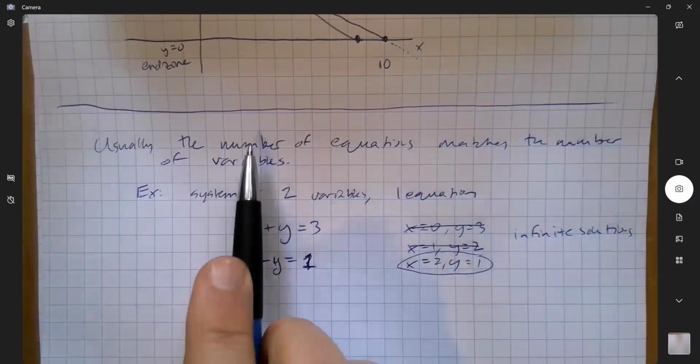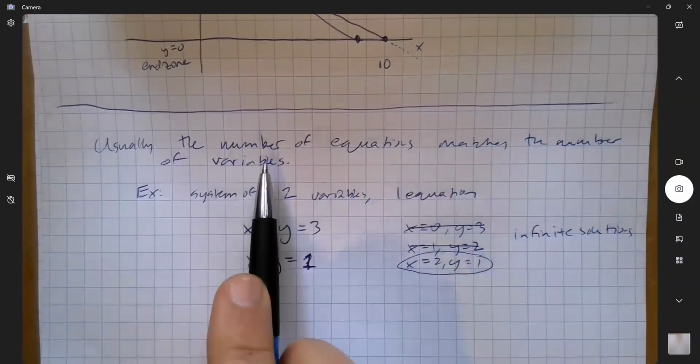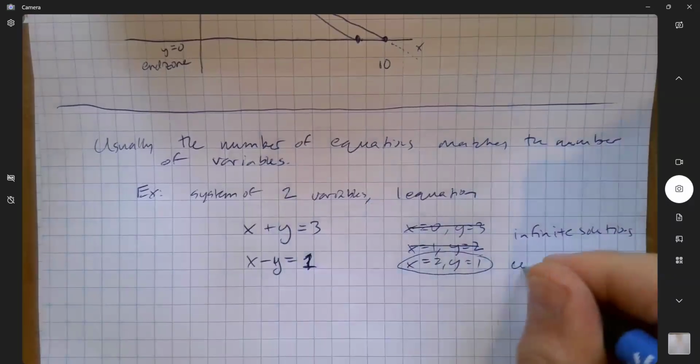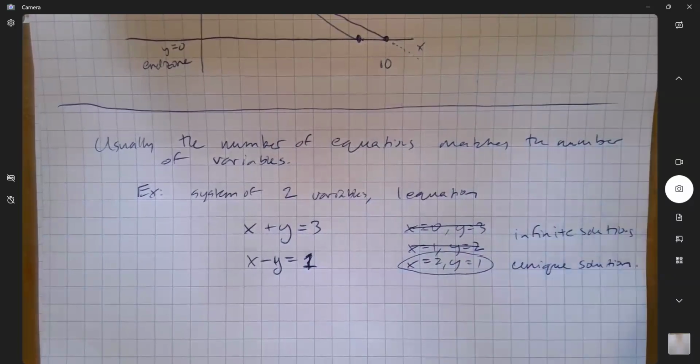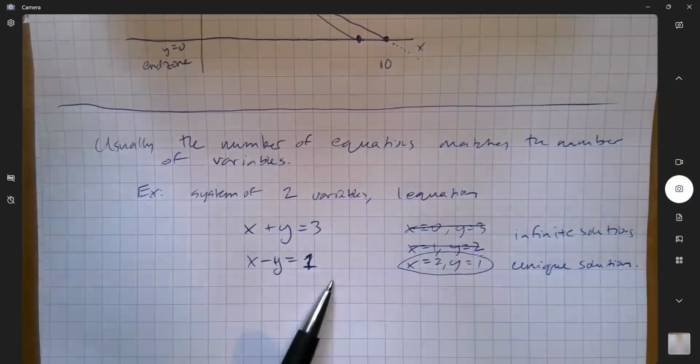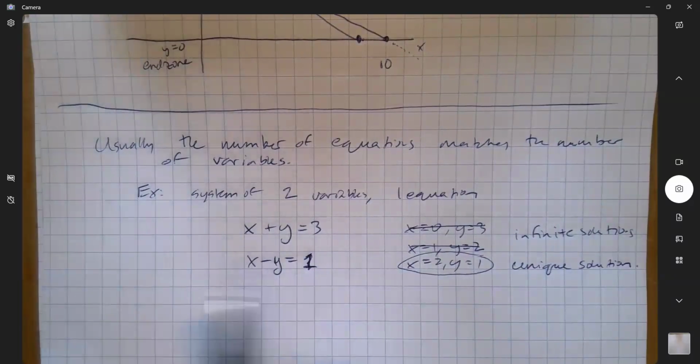So if the number of equations matches the number of variables, you can usually find a unique solution. You could have 3 variables and 3 equations, or 10 variables and 10 equations. Nobody wants to solve 10 variables and 10 equations by hand, but there are also some nice numerical tools for solving that. Someday in a future class, you might learn about those.